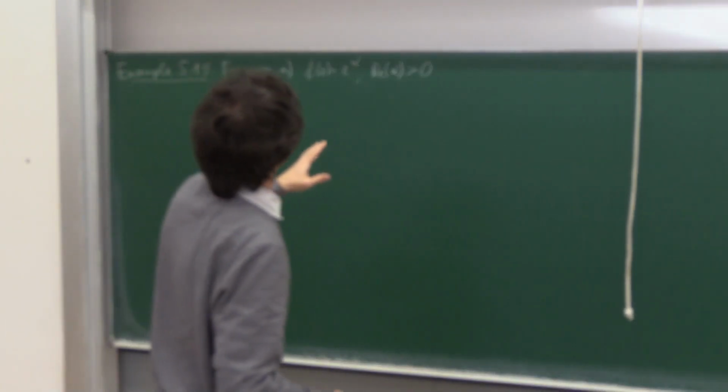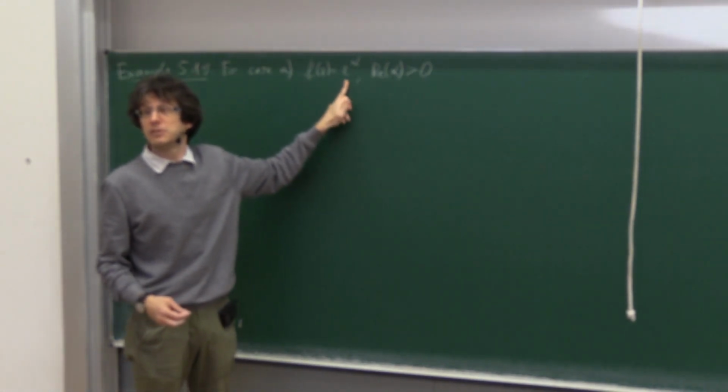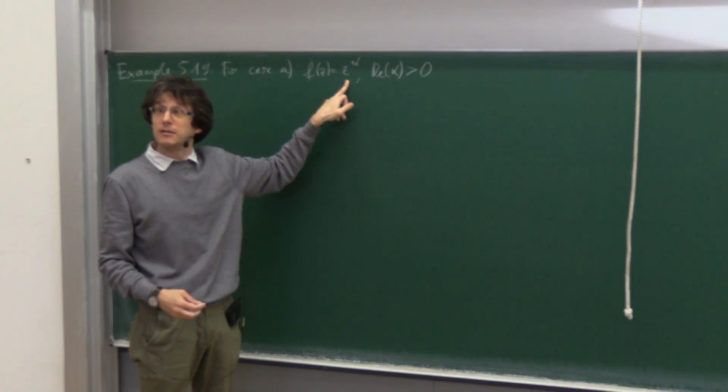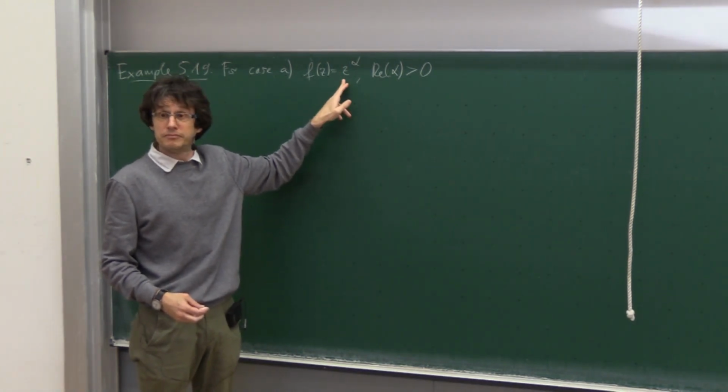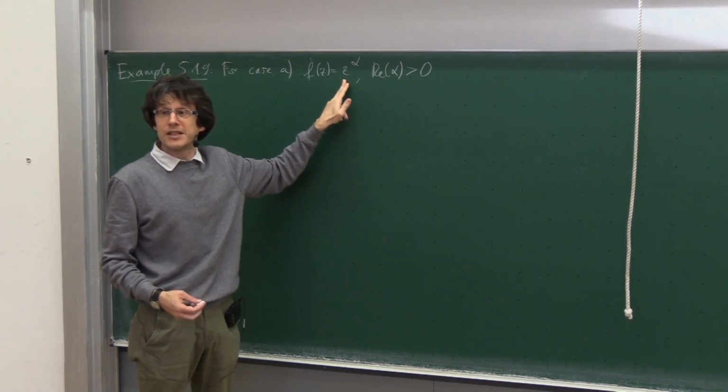Why? Because this function has a limit at 0. It's 0. And this function has polynomial control at infinity. It doesn't grow faster than some polynomial. Okay, so it's a regularizable thing.